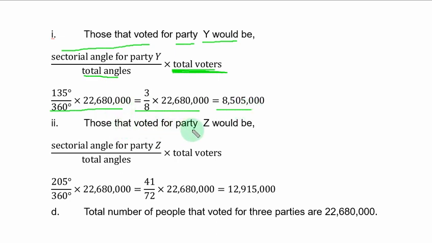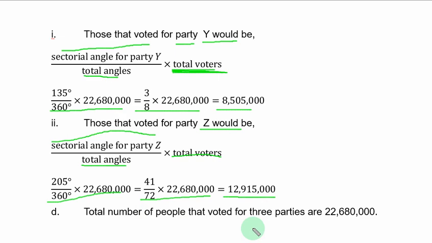Those that voted for party Z would be the sectorial angle for party Z over total angles in the circle times total voters. You have these results. When you simplify, you have 12,915 voters voted for party Z. The next part of the question is to find the total number of people that voted for the three parties.